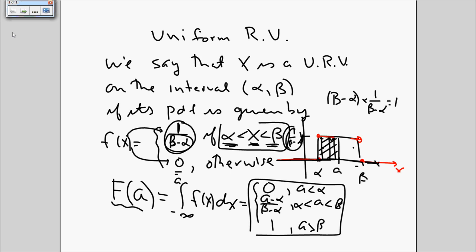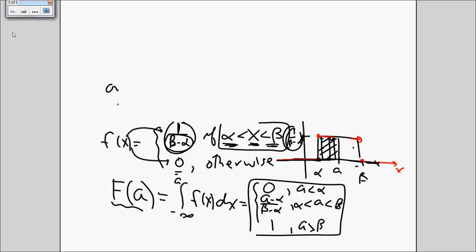Let's draw both functions. For a uniform random variable, the height is constant, and it's always 1 over the length of the base. That's the only way the PDF will add up to 1.